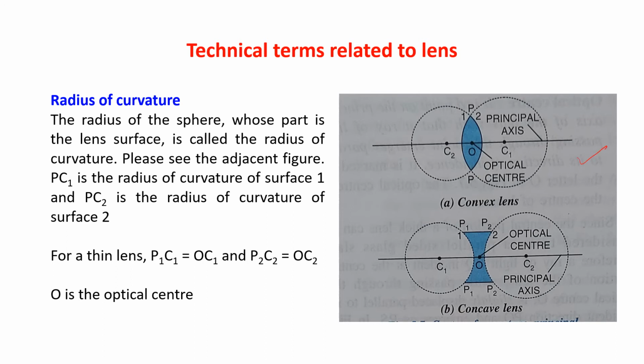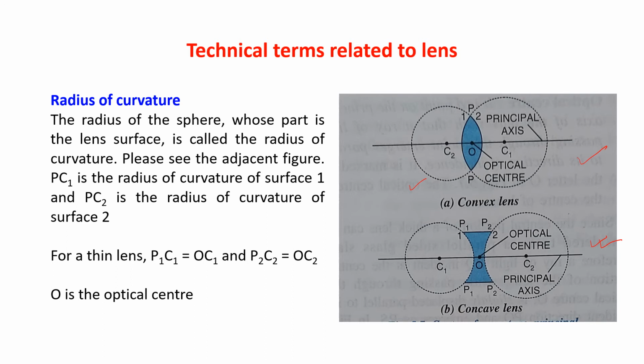Now, the same thing is happening here for the concave lens. You can see here, P1C1 is the radius of curvature for surface 1 and P2C2 is the radius of curvature for surface 2.